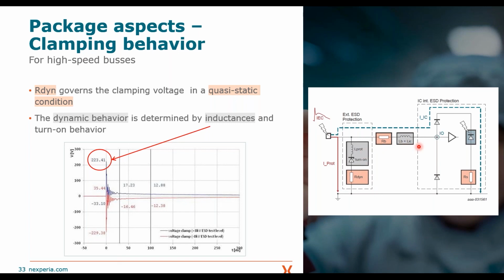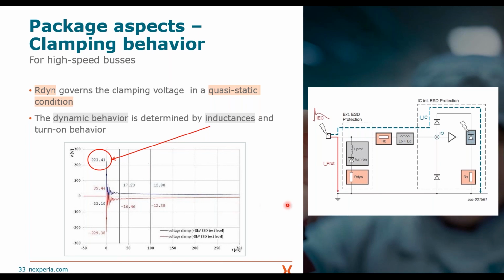And also for sure the trace itself to the eye opening of your PHY has all these parasitics, but especially for these high-speed buses, it is very important to look also at this very first high peak and to avoid this.